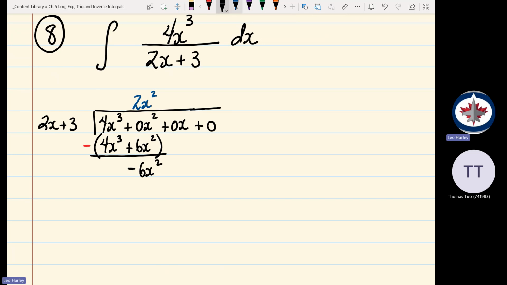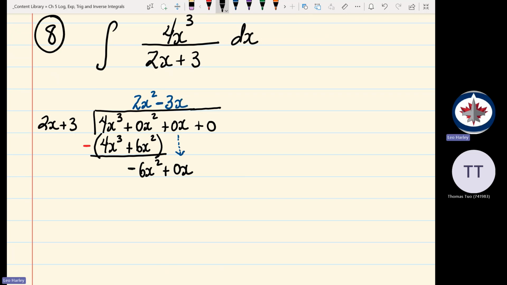Then you will drop the dance partner. So now you have plus 0x because you need two pieces to be compatible with your 2x plus 3. And then the question is, what do you do to 2x to create minus 6x squared? Yeah, we're going to have to multiply by minus 3x.